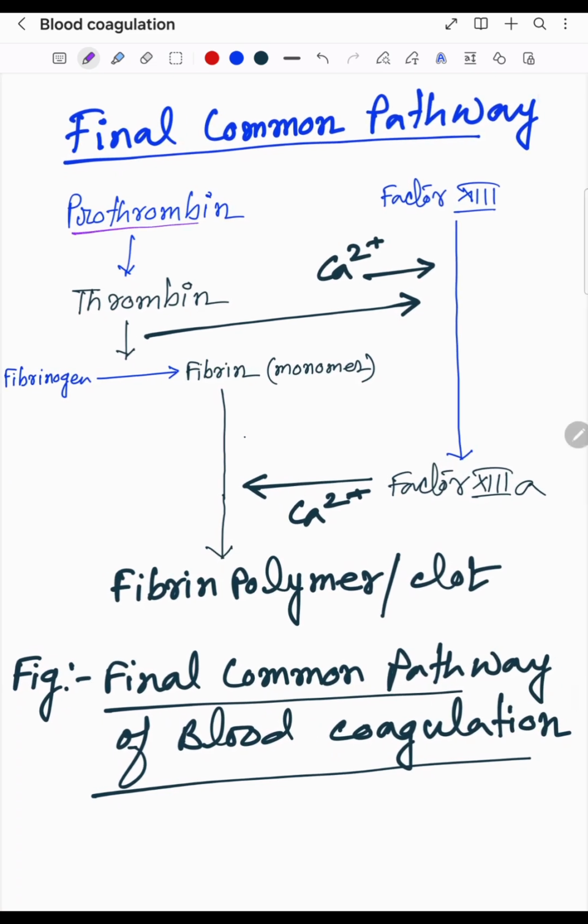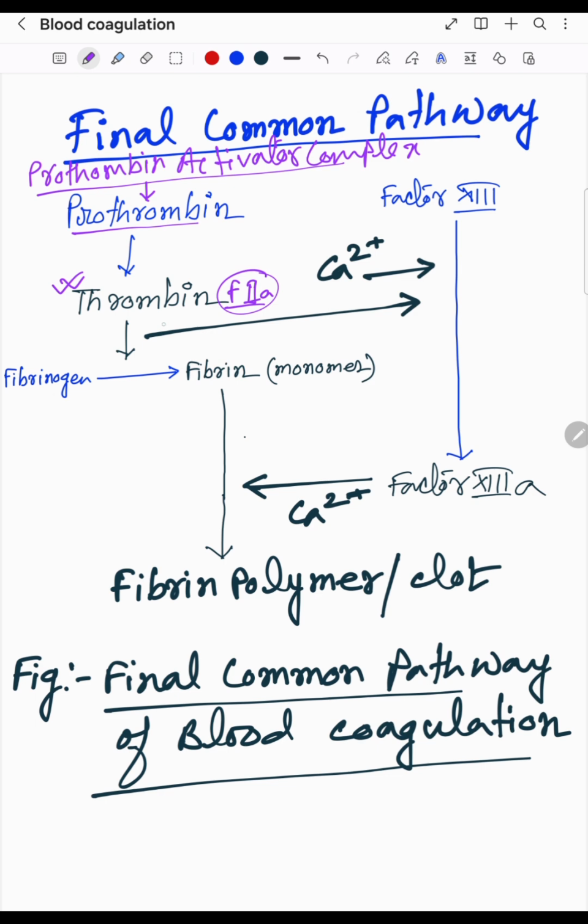Okay, so you remember that prothrombin is activated by prothrombin activator complex, which is activated by factor 10A and factor 5A and calcium. Okay, so from prothrombin activator complex, there is prothrombin and there is thrombin, that is factor 2. So factor 2 is activated.